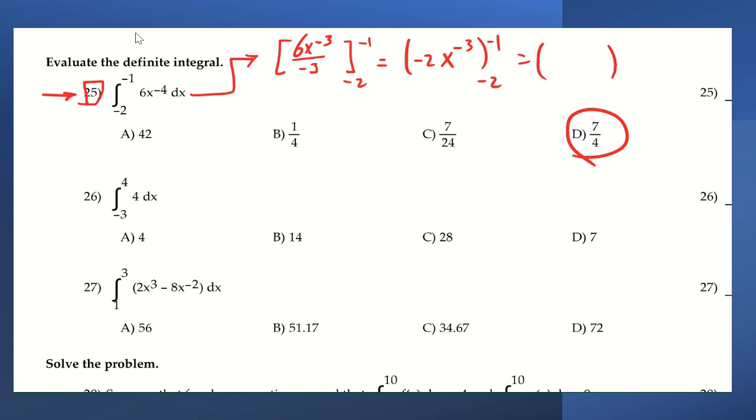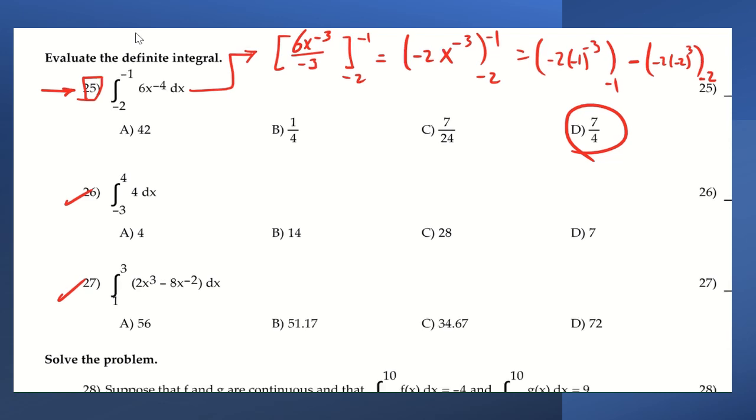And then I'm going to replace x with negative 1 and subtract the value when x is equal to negative 2. So for this kind of question, I don't have to do any steps if it's a multiple choice question.